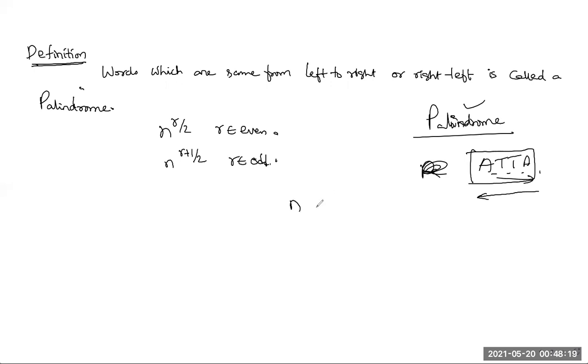Suppose from the given n elements, we were asked to form r letter palindromes. Whatever the first element we choose, that will be the last element also, because it's a palindrome. The first and last letters will match. Suppose we choose the second element. The second element from the last should also be that element, and so on.